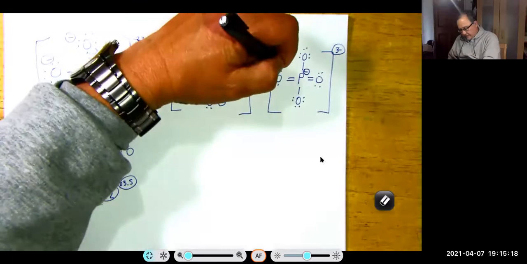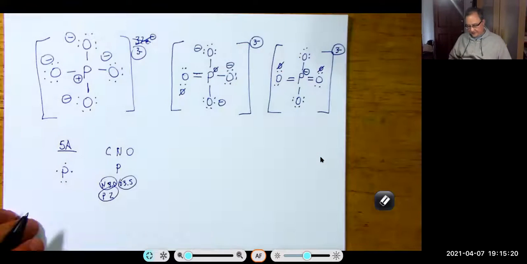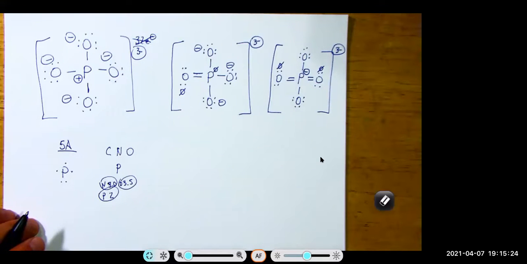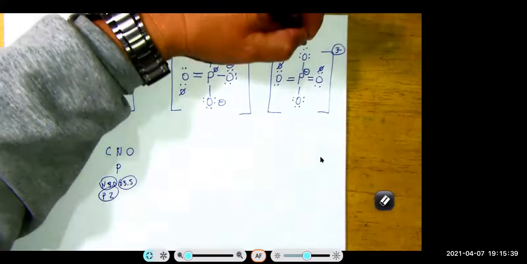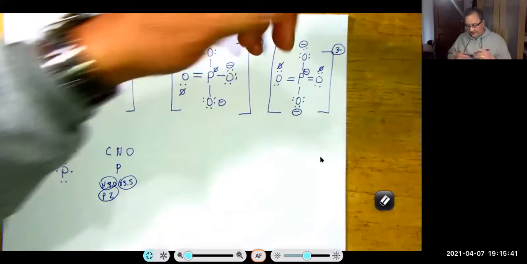Right. And how about the single bonded ones? Let's see. The single, 1, 2, 3, 4, 5, 6, 7. So they have an extra electron. So you got a negative and a negative. Okay, so take a look at this.